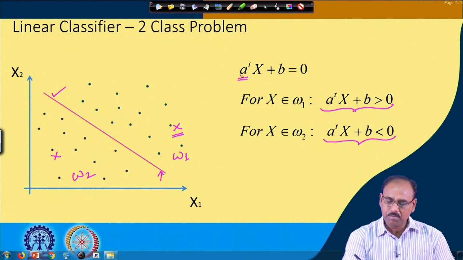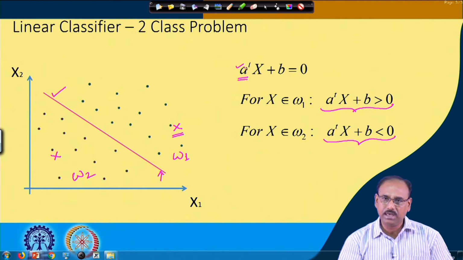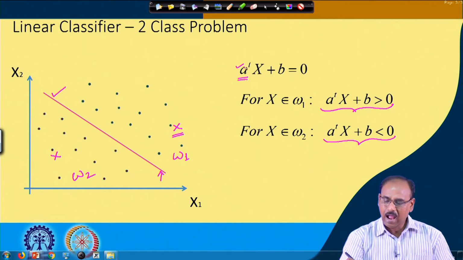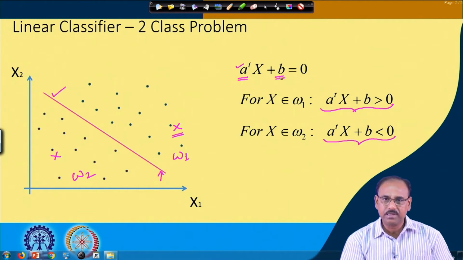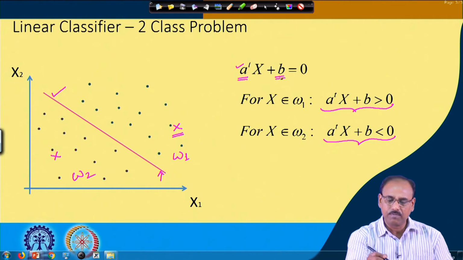So, if I modify vector A, the orientation of this linear boundary will change, and the value of b, which is nothing but a bias, decides the position of this separating plane in the feature space. So, A gives you the orientation and b gives you the position.